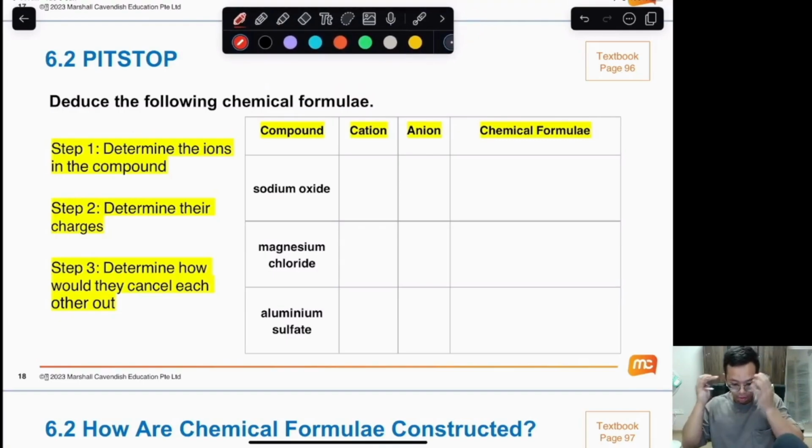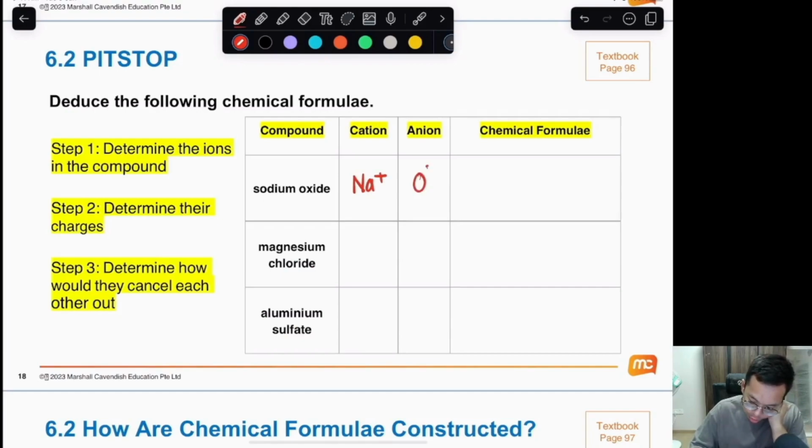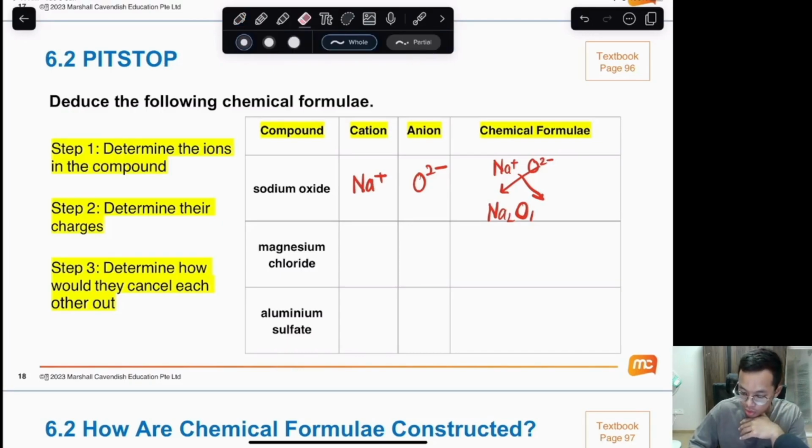Deduce the chemical formula. Sodium oxide, the cation is sodium. The anion oxide is O2 minus. If I want to do the working, it's Na plus, O2 minus. Take the coefficient, this is an invisible 1, we don't show the 1. So we cross, take the coefficient 2, you'll get Na2O1, but we don't put the 1 again, we just remove the 1.